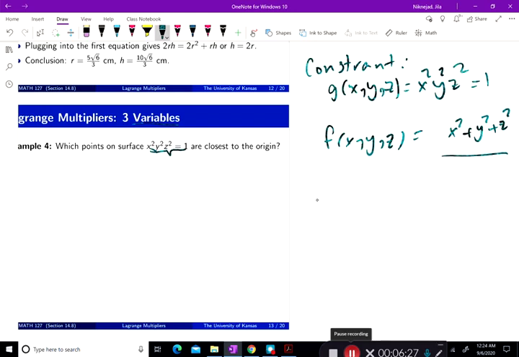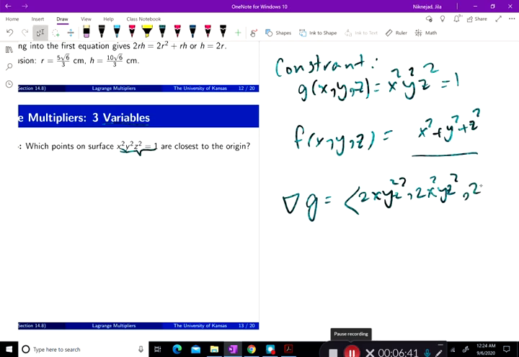So now the gradient of g is going to be equal to 2xy²z², 2x²yz², and 2x²y²z, and the gradient of f is equal to 2x, 2y, and 2z.